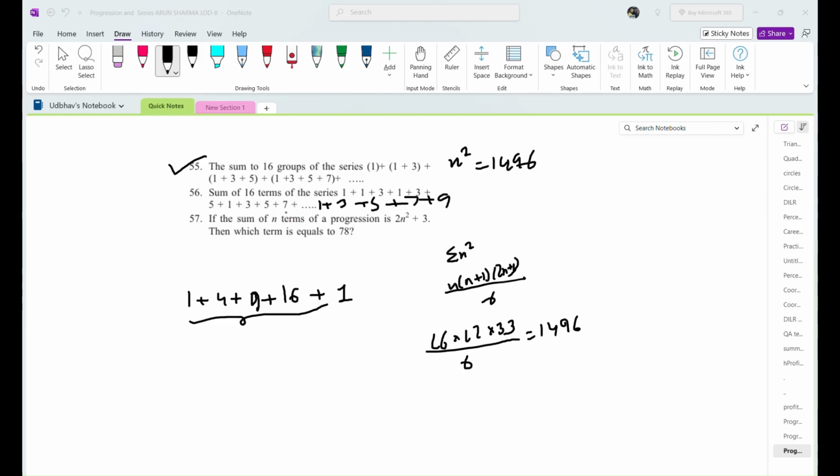So, yeah, it should be 31. Sum of 16 terms of the series.